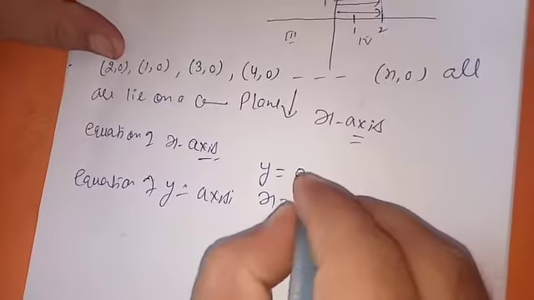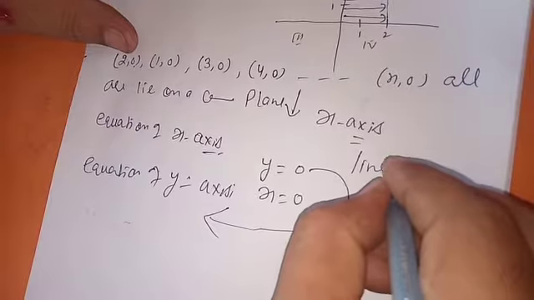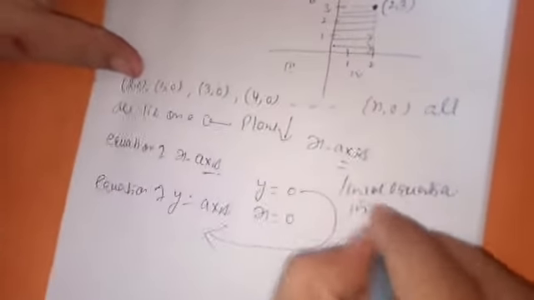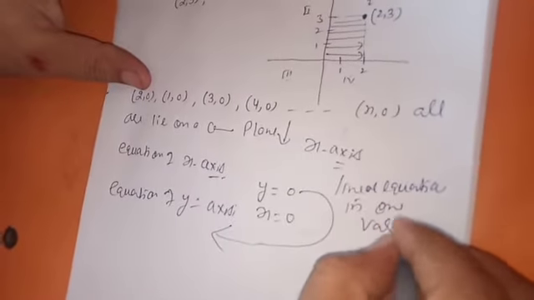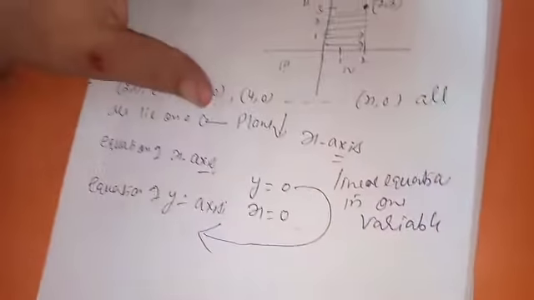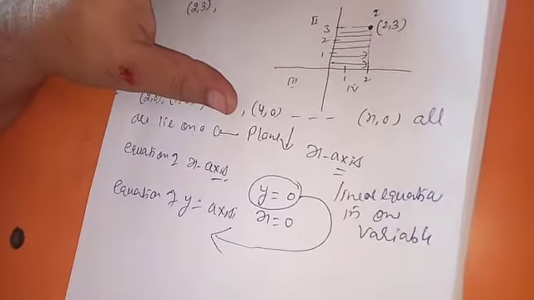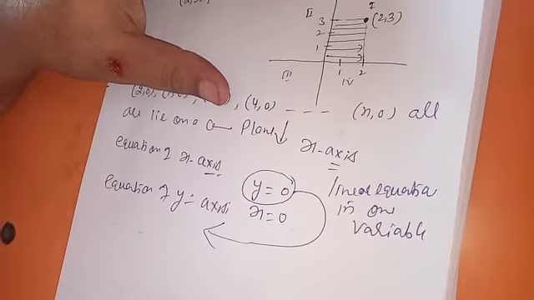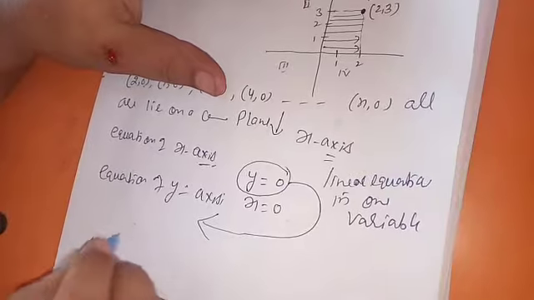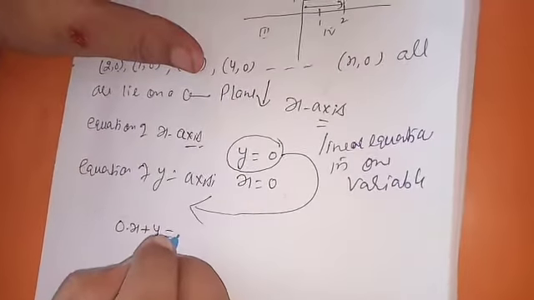And if anybody says to represent this, it is a linear equation in one variable. And if anybody says express this linear equation, how many solutions does it have? Only one solution. What is the value of y? 0. We can express this in this form: 0 into x plus y is equal to 0.